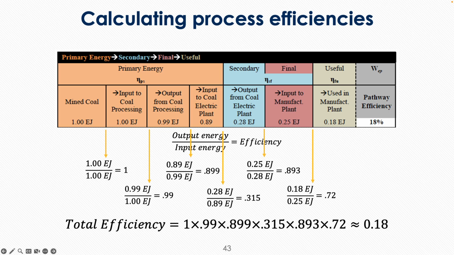It also means that if you know the efficiencies of the intermediate steps, you could calculate the total final efficiency. So if you didn't have these numbers, but you had these numbers, you could calculate that final efficiency. That's the relationship between your efficiency paths and your final efficiency number.